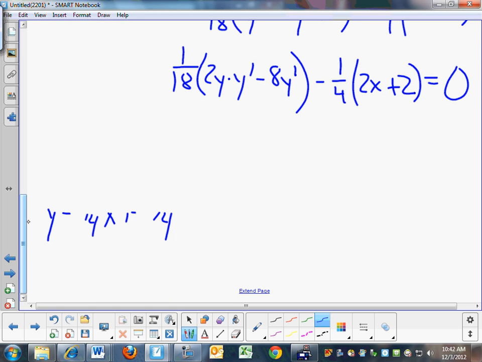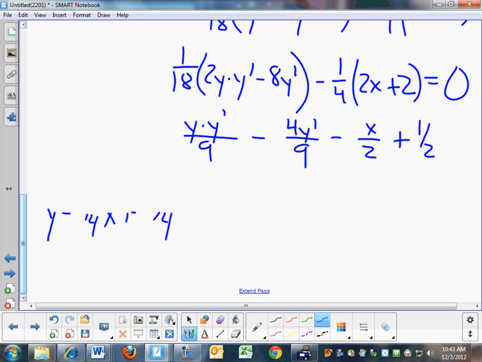So, I'm going to multiply through my fractions, so that we'll have y times y prime over 9 minus 4y prime over 9 minus x over 2. I just distributed my 1 over 18. I distributed my negative 1/4.